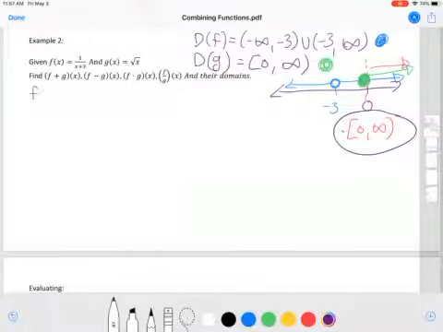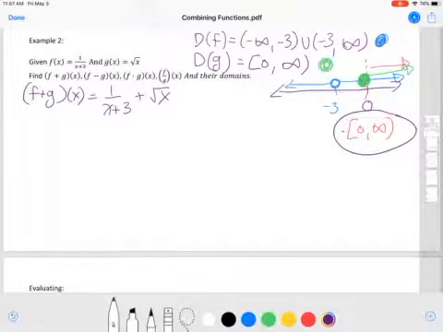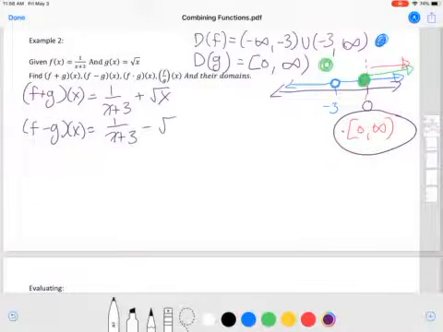So if I do f plus g of x, that means I'm going to take f of x and add it to g of x. So that's just 1 over x plus 3 plus the square root of x. F minus g of x is the same thing, but I subtract the square root of x. So I have 1 over x plus 3, and I subtract the square root of x, because it's f minus g.